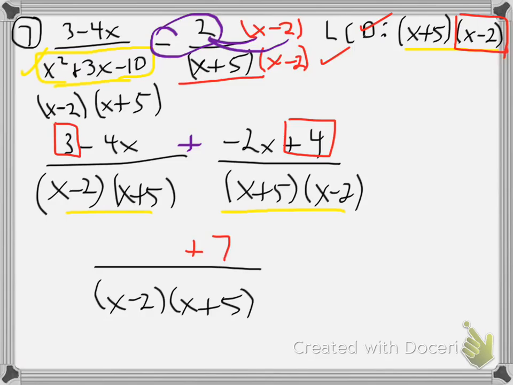And then negative 4 x's plus negative 2 x's is negative 6 x's. And that doesn't factor anymore. You can try to factor the negative out, but it won't change anything to look like the bottom, so we're done.